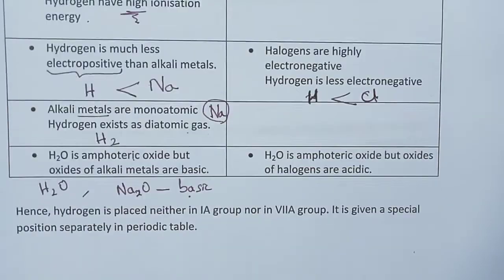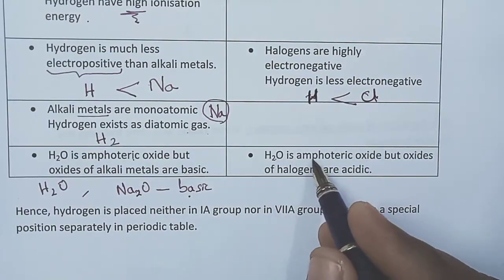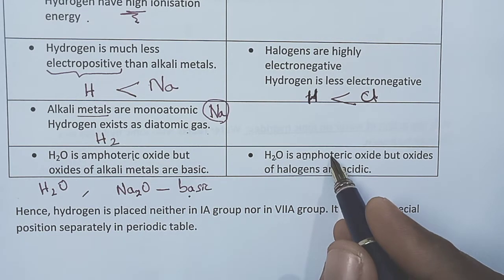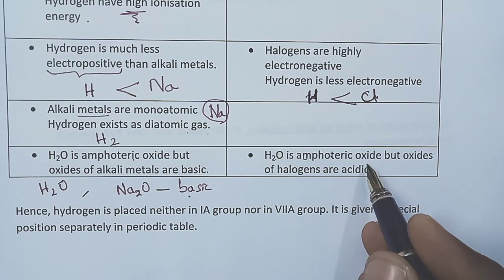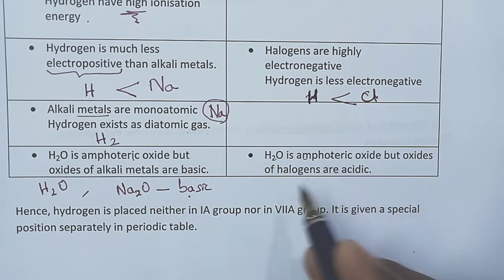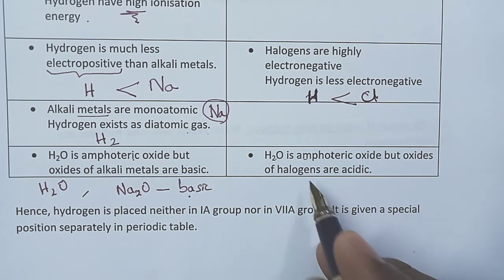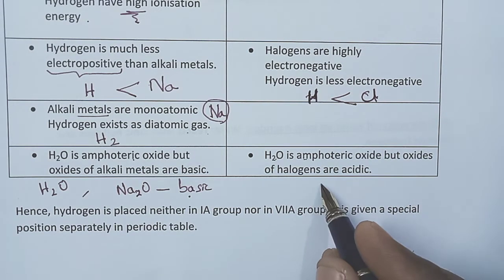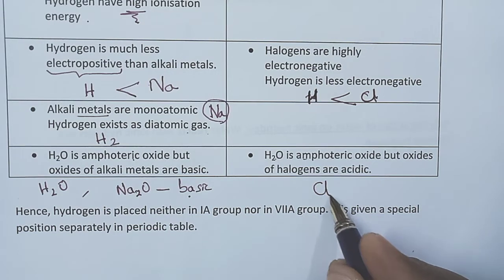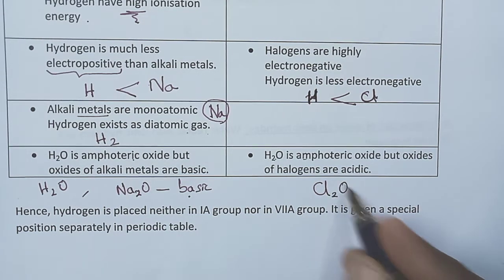Right. Next, H2O is amphoteric. The oxide of hydrogen, H2O, is amphoteric. It can react with both acids and bases. But oxides of halogens are acidic. For example, when we take chlorine, one oxide of chlorine is Cl2O7.